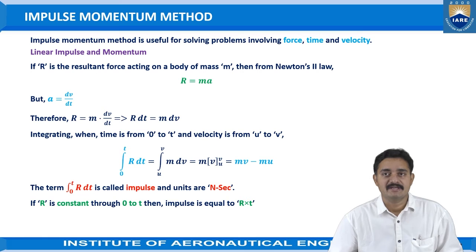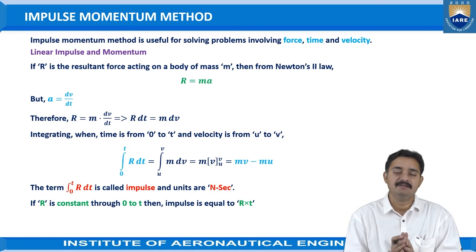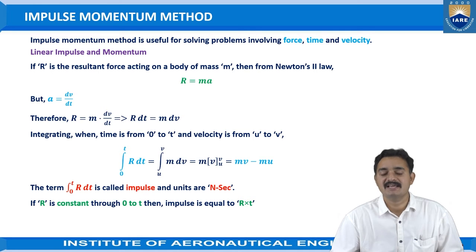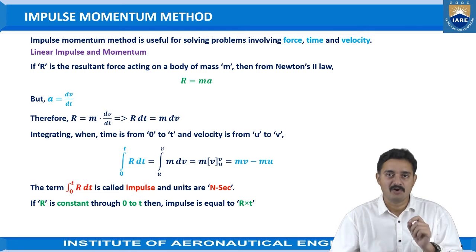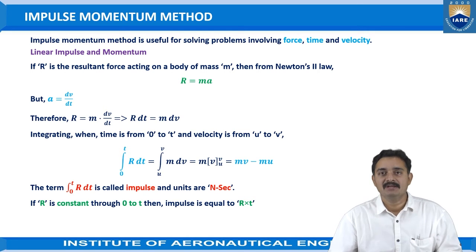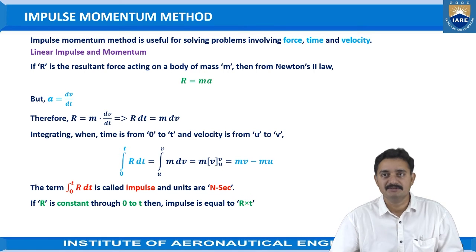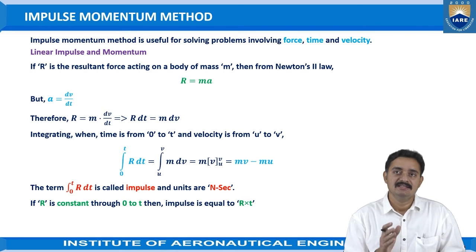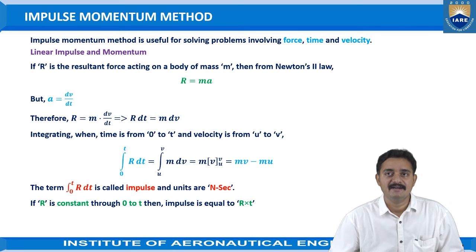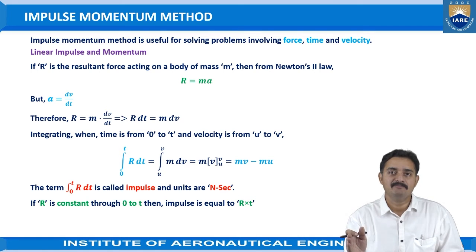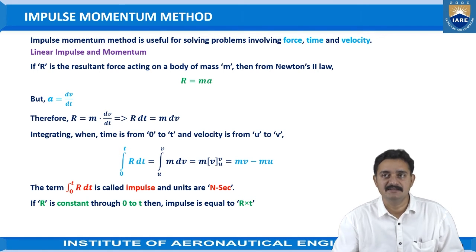If R is constant, that means if all the forces that are acting in the system, here we have considered them as F1, F2 and F3, let us say that all these three forces are constant throughout the time from 0 to t, where we are considering the system, then we can say that this R is a constant and the 0 to t time would be the complete time of the system, that is t.